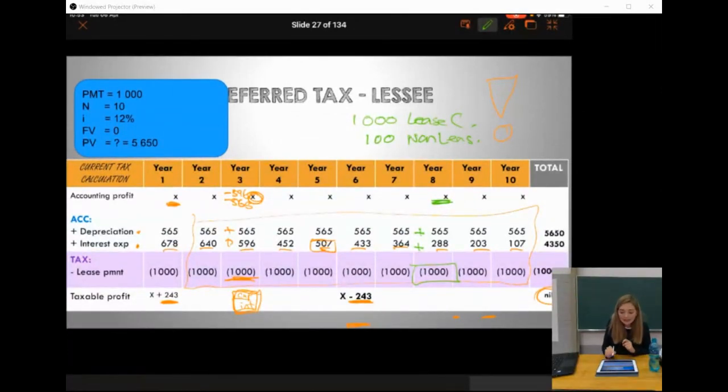That 100 non-lease component will just be an expense for accounting purposes, and you'll also get that deduction for tax purposes. So we don't have to eliminate that in our current tax calc, because the tax and the accounting treatment is the same. It's an expense for accounting purposes, it's a deduction for tax purposes. So we don't have to make any adjustments for that.